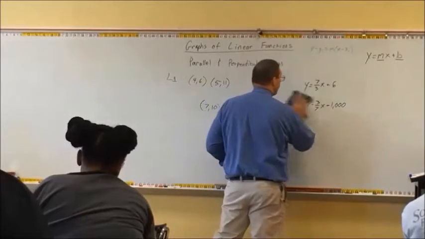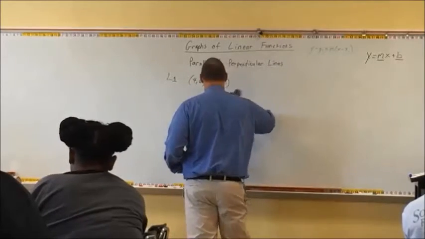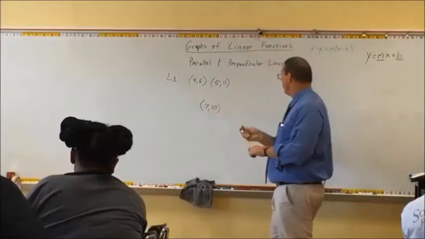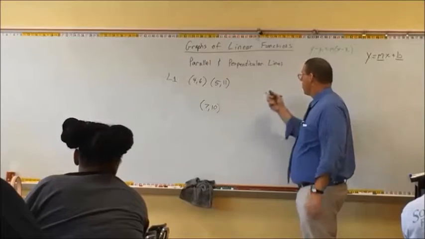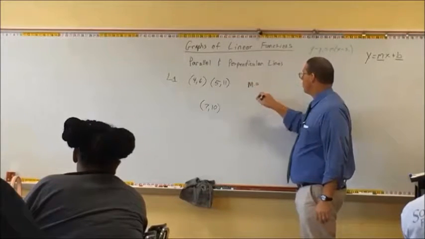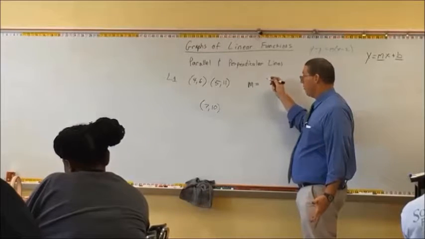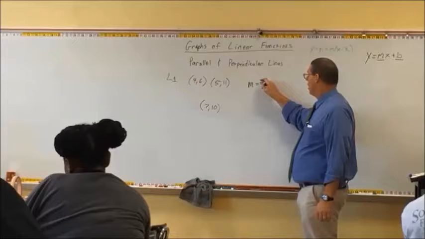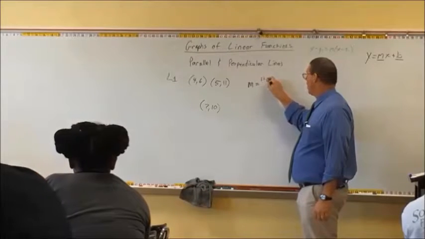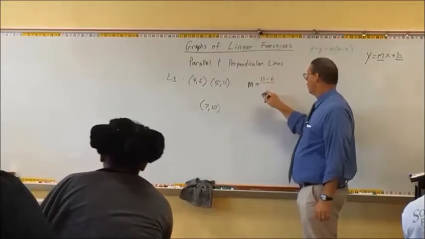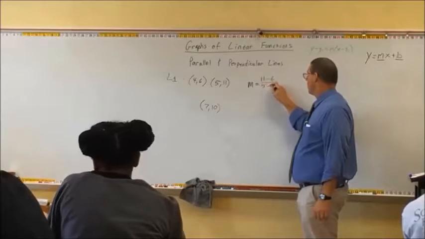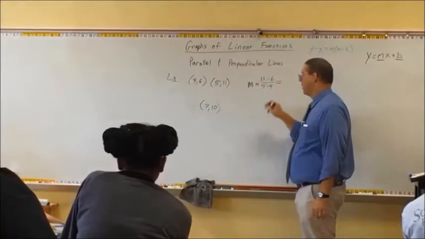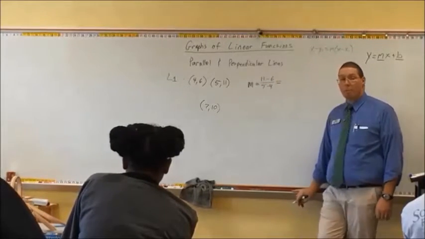Okay, so what did you do on this one? What's the first thing you did here? Found the slope. How did you find the slope? M equals what? Give me the formula. 11 minus 6 over 5 minus 4, right? Please make sure you are practicing this.